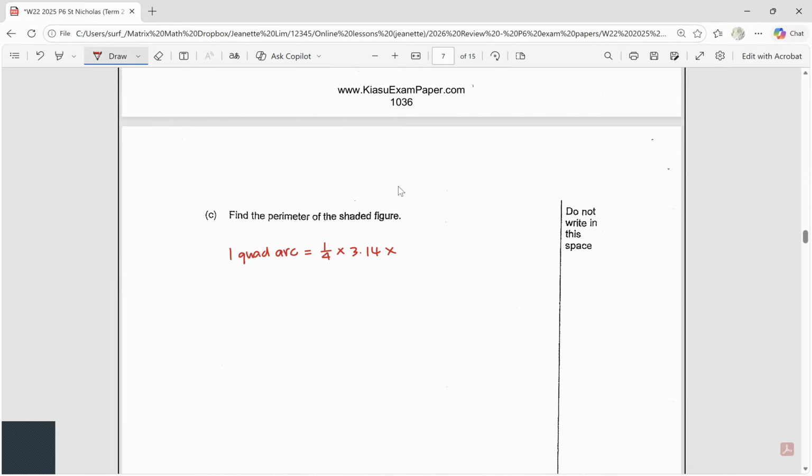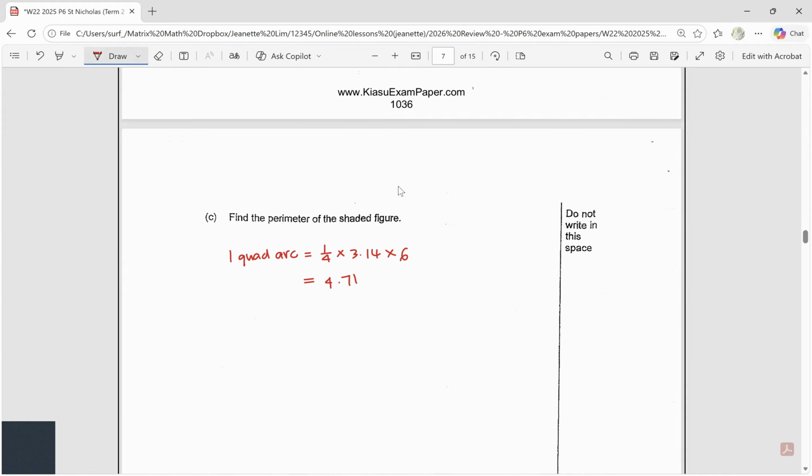The radius just now was 3, so the diameter is 6. So 1 quadrant arc is 4.71. Then remember we have 6 quadrant arcs, so 6 times 4.71 is 28.26.